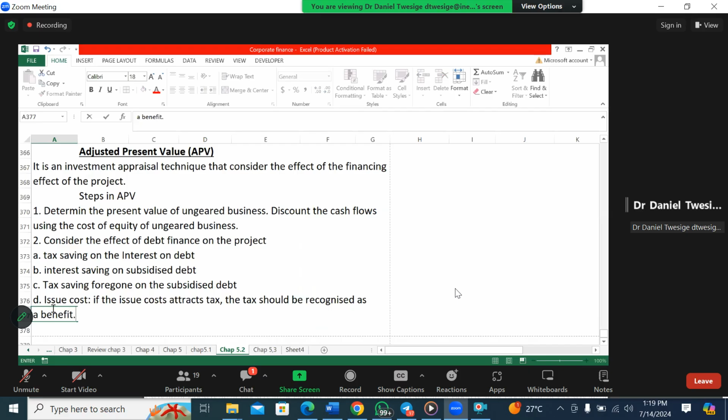I mean the tax benefit which reduces the total amount of the issue cost.